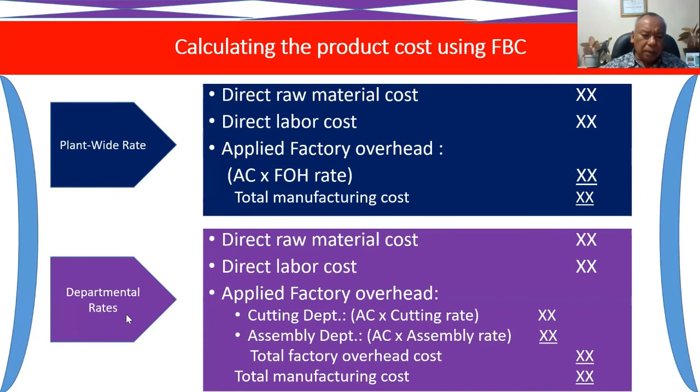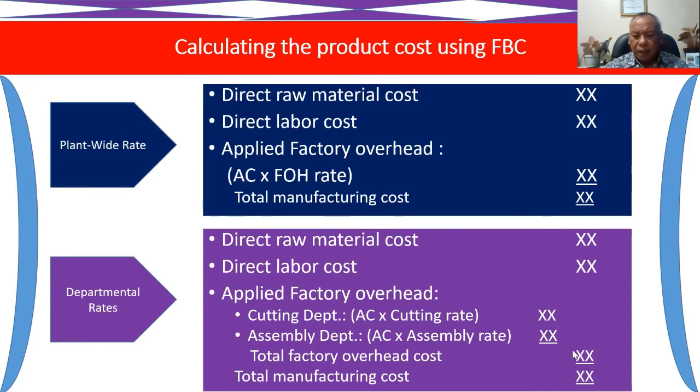If you are using a departmental rate, so direct raw material cost plus direct labor cost and applied factory overhead costs. Because this is by department, we assign the factory overhead cost for each producing department. So in this case, cutting department, the actual capacity times the cutting rate, and then the assembly department costs we assign to product by multiplying actual capacity and the assembly rate.